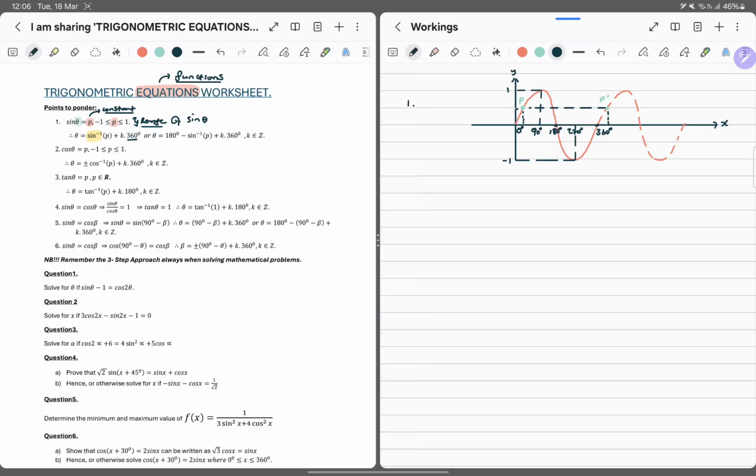So that's what we mean by that period. Please understand, if we saw something in the first quadrant, we'll only see it again at exactly 360 degrees later. And it will keep repeating like that because we can do multiple revolutions.